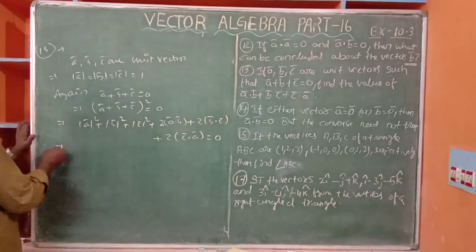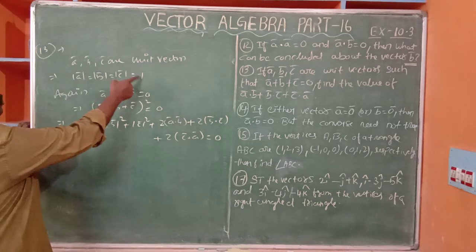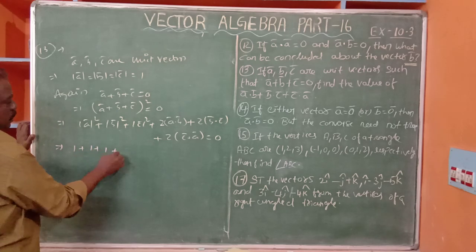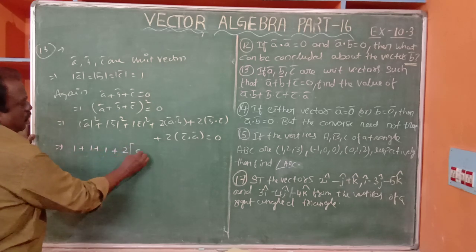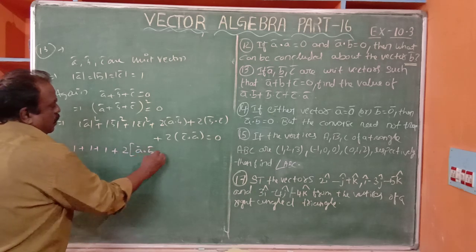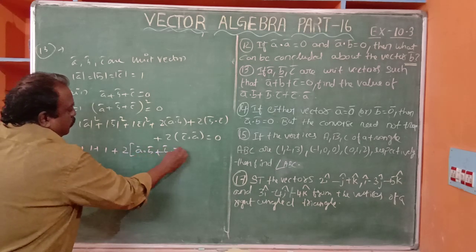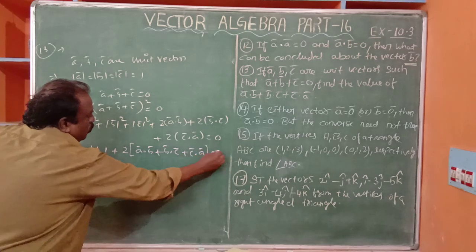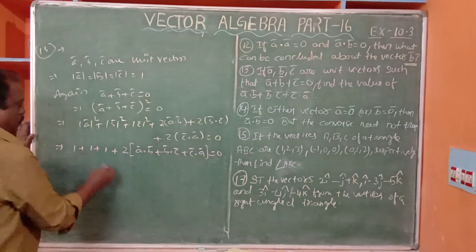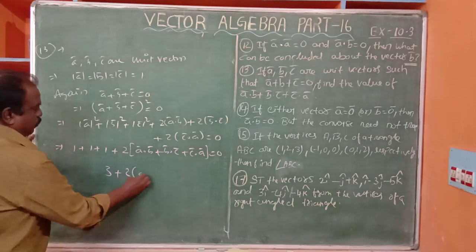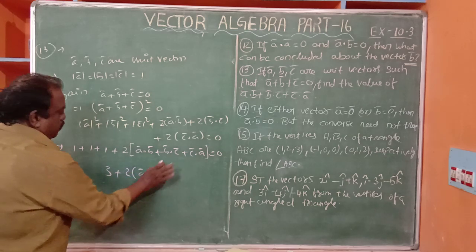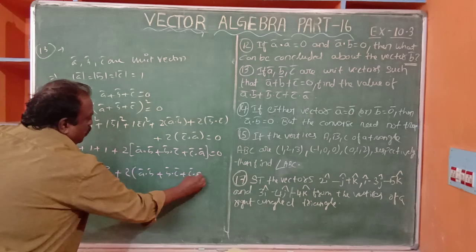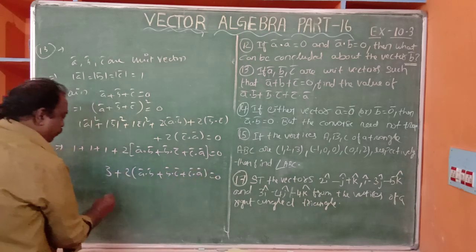But here, modulus of A bar is a unit vector. It is 1 square, which is 1, plus 1 plus 1. And it is 2 times A dot B plus B dot C plus C dot A is equal to 0. This is 3 plus 2 of A dot B plus B dot C plus C dot A is equal to 0.